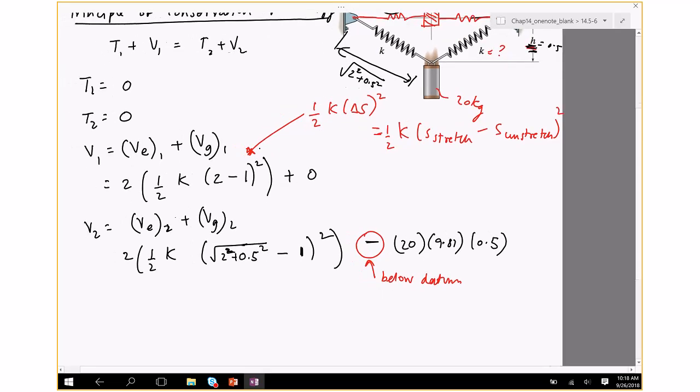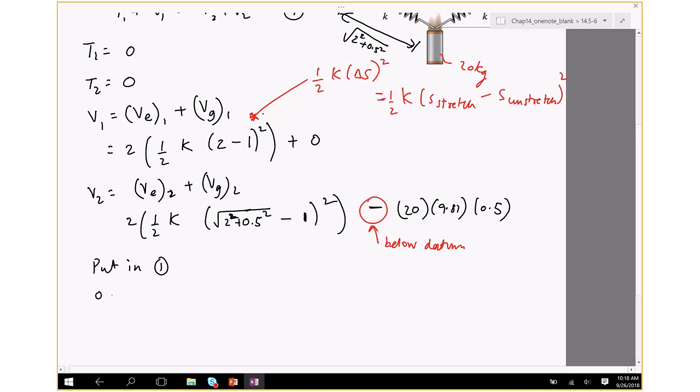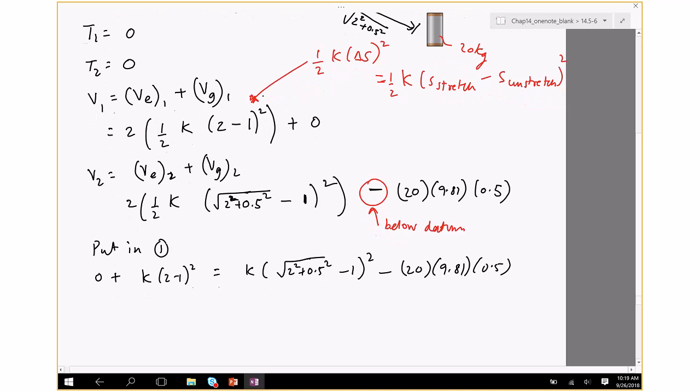Okay, so all these things go in the equation. Zero plus K times (2 squared plus 0.5 squared minus 1) squared equals minus 20 times 9.81 times 0.5. That's clearly a single equation in a single unknown, and you can solve for K.